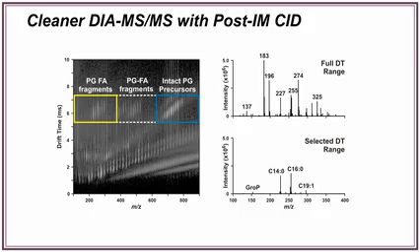And so you can go into your data and say, I need to just look at the range of mobilities that's centered around where these were before, and you can excise out this region and really remove, essentially, the noise away from your signal and get a really beautiful, clean fragmentation spectrum. So it gives you a lot of confidence and much cleaner MSMS data, which then makes coming up with identifications a bit easier.